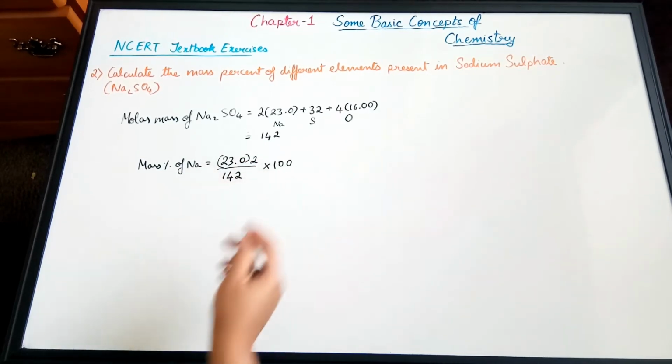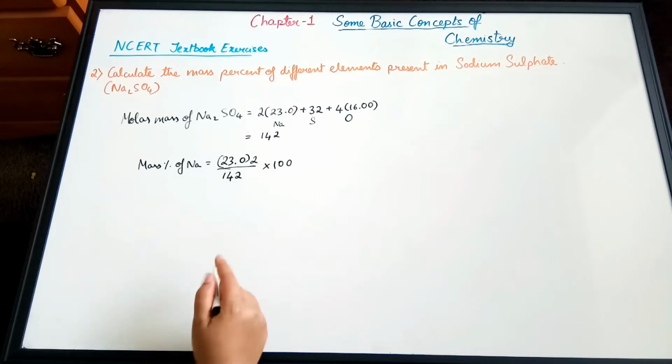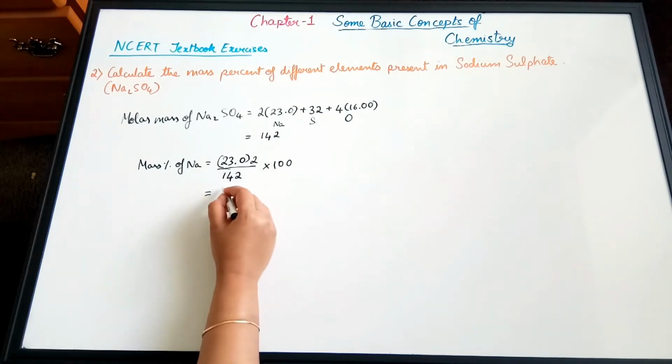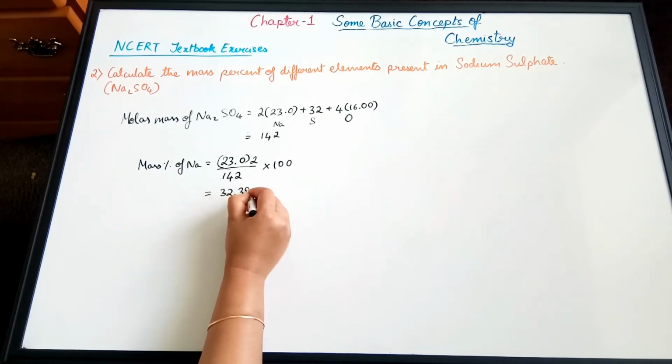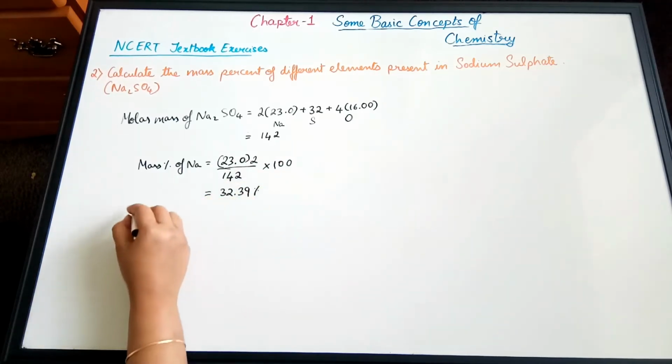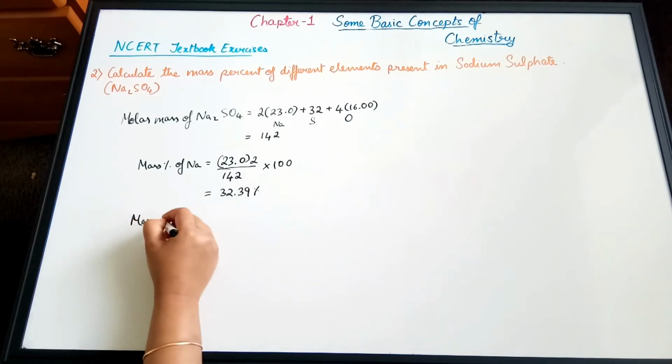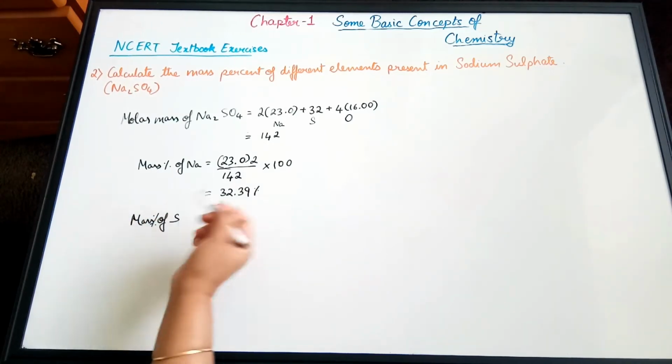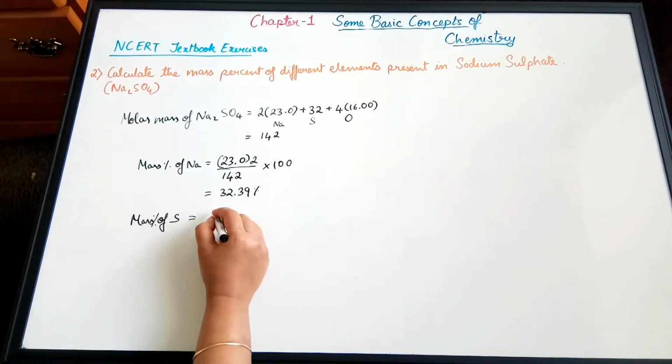The whole thing is multiplied into 100, and when this is simplified, we get the value of 32.39%.